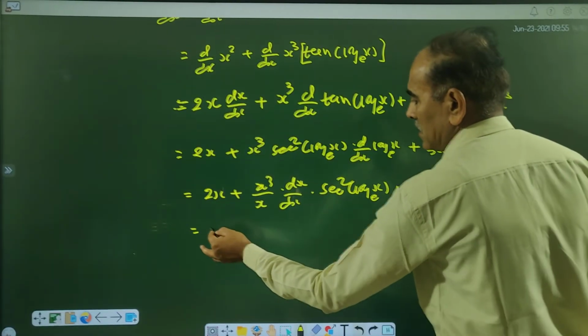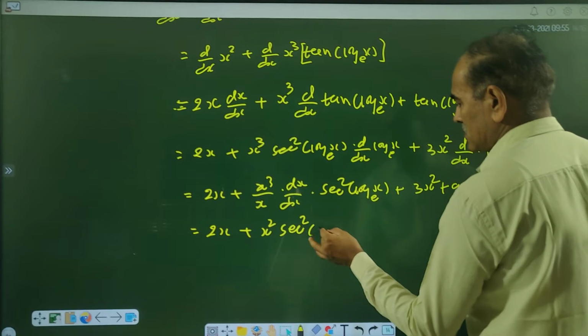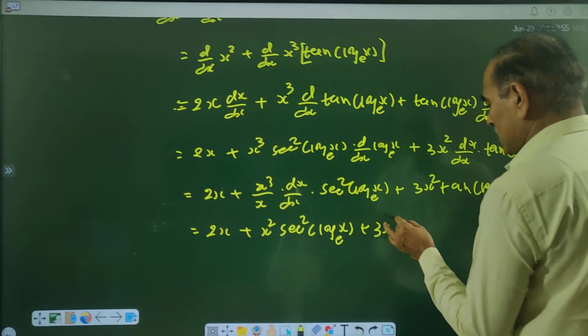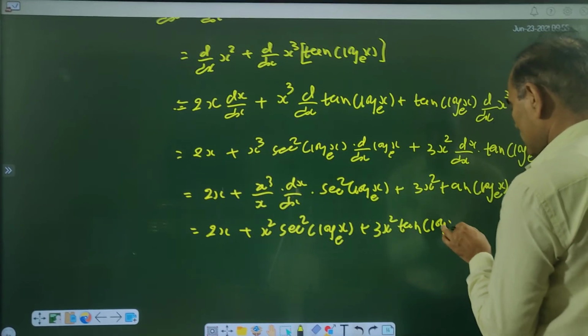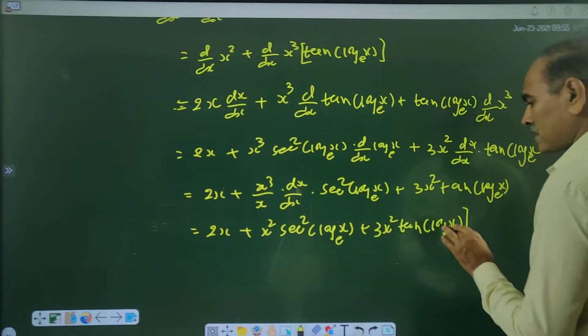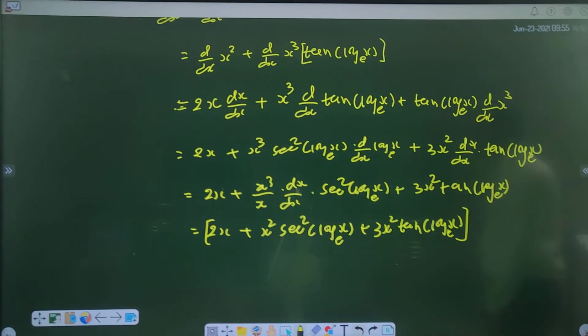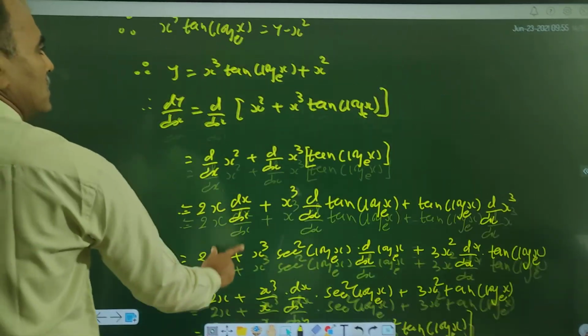So ultimately what we get? 2x plus x square sec square of log x base e plus 3x square tan of log x base e. Yes, this is in terms of x only. So what do we want to see here?